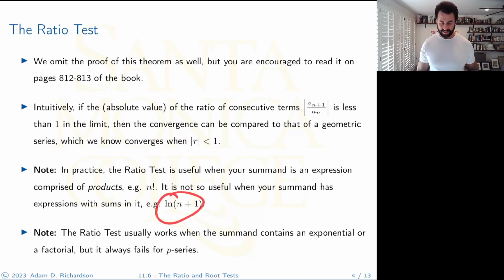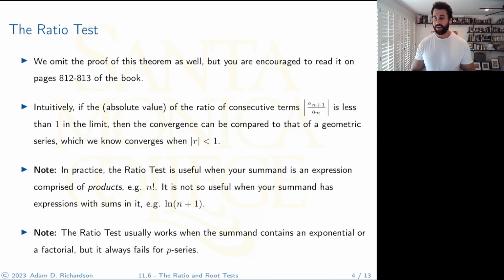And when you end up with stuff like this, or even trig functions of sums or differences, it can get really messy really fast. So it may not be the best test to use when you have stuff like that involved. It's not the best test ever. It's not a test that you want to just throw at everything. But if your summand has a lot of products in it, maybe try the ratio test.